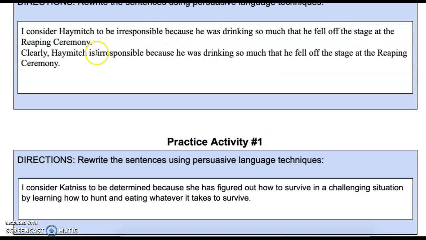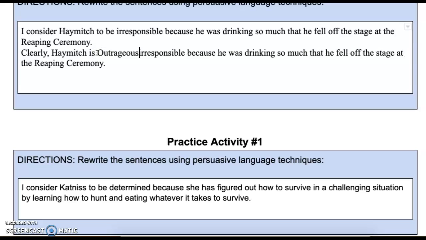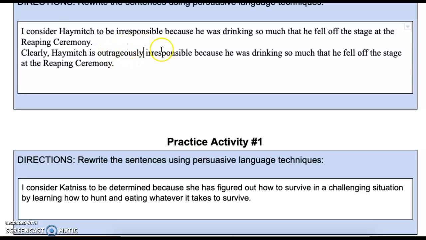I'll make that a lowercase. And let me see how it sounds. "Clearly, Hamish is outrageous, irresponsible." Well, I need to make this an "ly" to make it fit. "Outrageously irresponsible." So that makes it an adverb because it's modifying the adjective irresponsible.